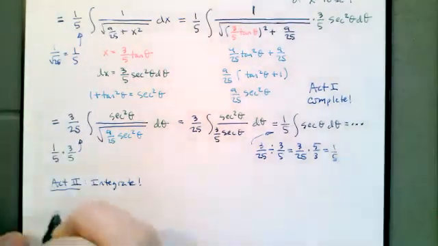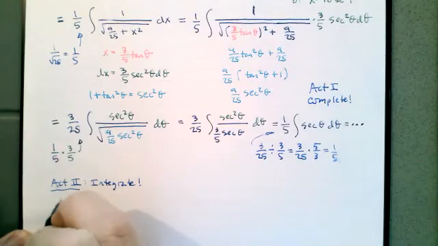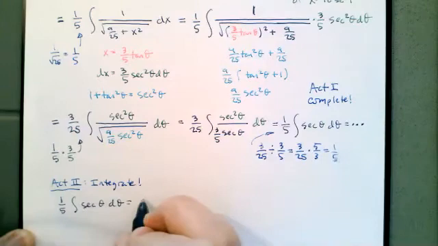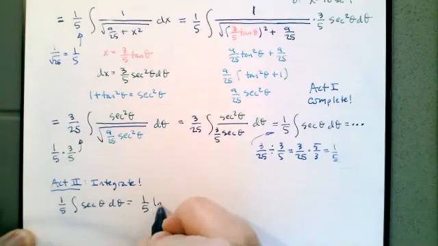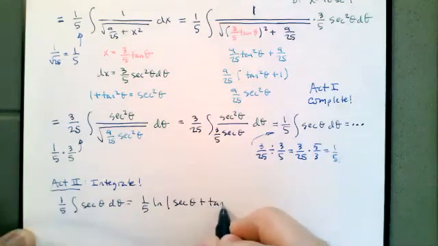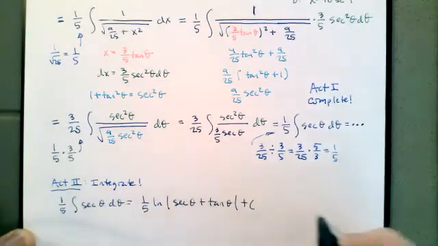So we have 1/5 the integral of secant theta d theta, which is 1/5 the natural log of the absolute value of secant theta plus tangent theta plus c.